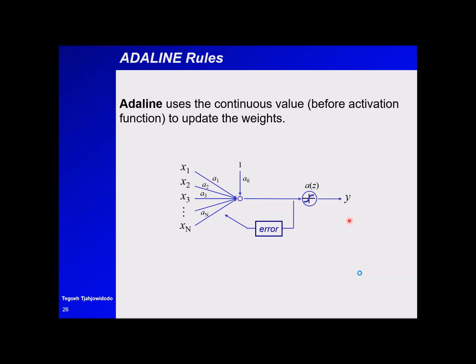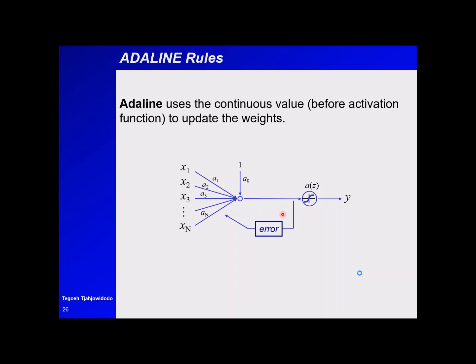So in this case, the update of the weightage will not consider the activation function, even though you have a nonlinear activation function, the updating task will just consider a linear function.